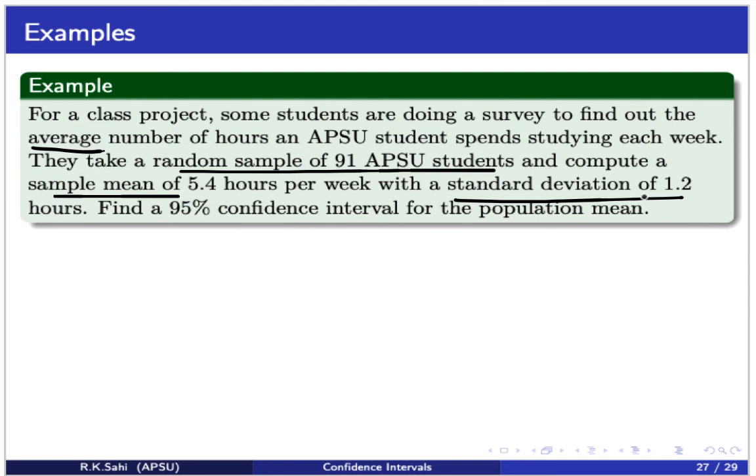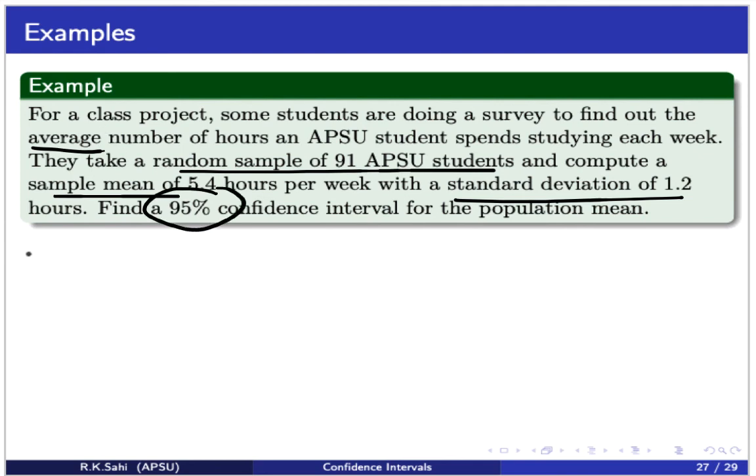Keep in mind, guys, when you read the problem, unless it says population standard deviation, by default, it is always sample standard deviation. So let's write down the things we get from here. And we would like to find a 95% confidence interval.